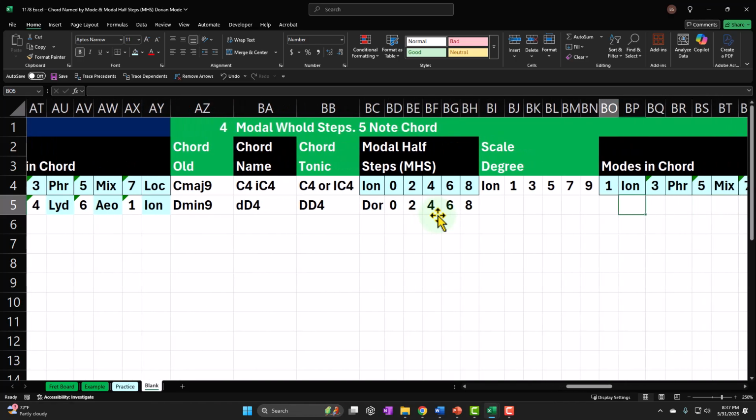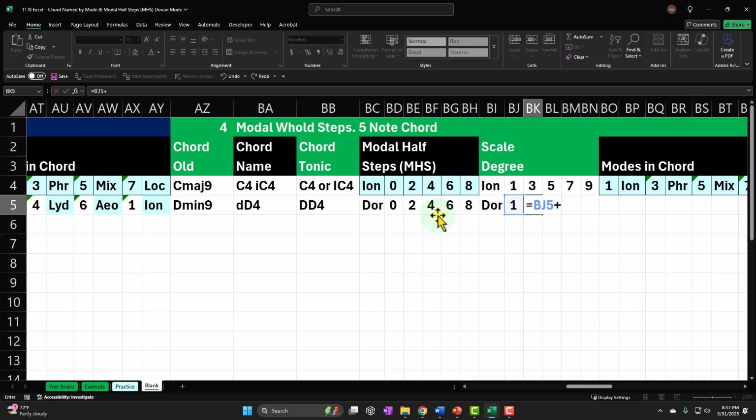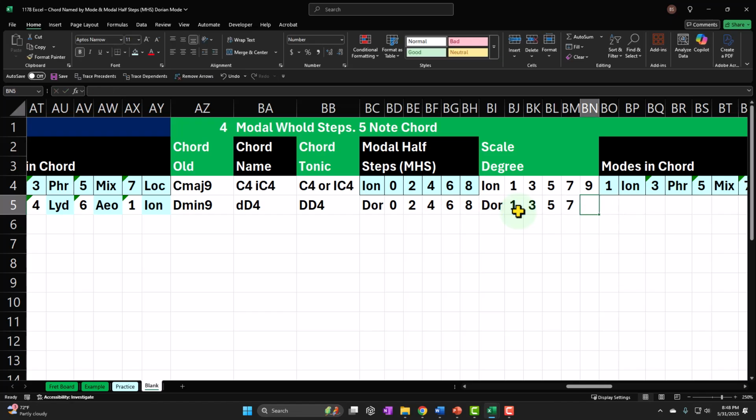So from a scale degree standpoint, the scale degrees for the Dorian would start on the 1, and then if we make that the 1, we'd say it'd be the 1 plus 2. So now instead of the 2, it would be the third, 1 plus 3, or 1 plus 4, and then 1 plus 6, and then 1 plus 8.